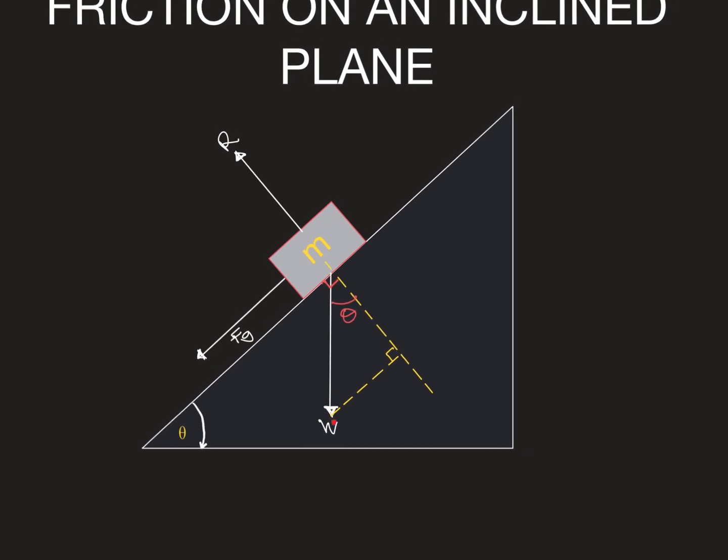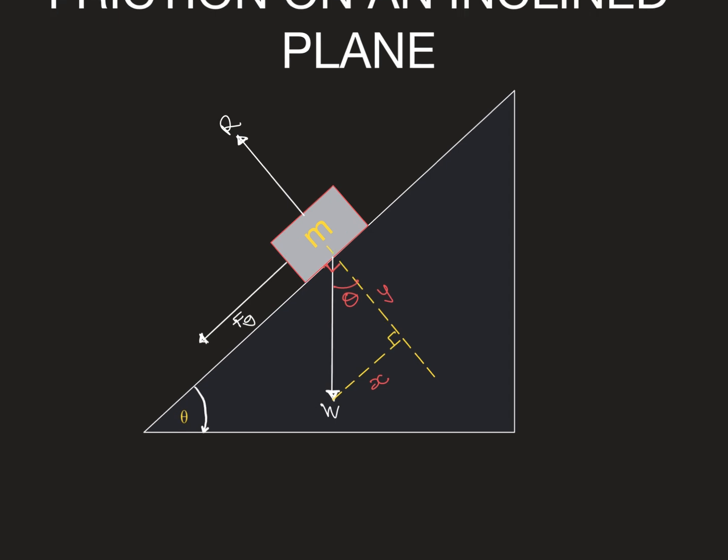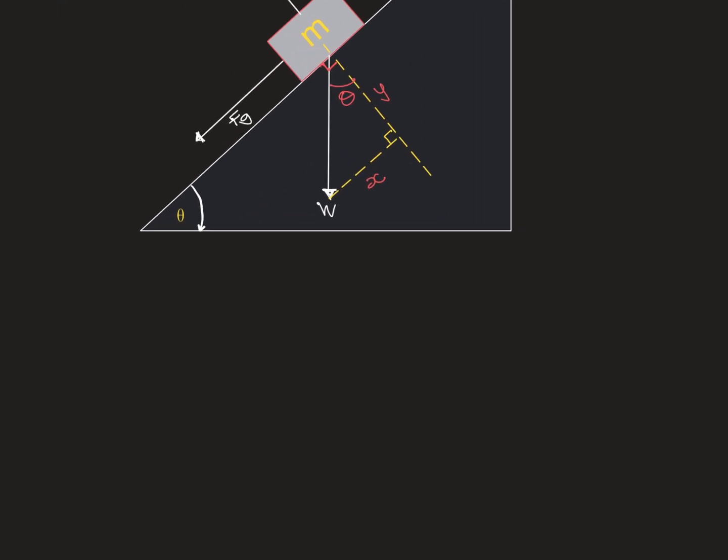Now, since we want to resolve this component of the weight into forces that are parallel to the inclined plane and that are perpendicular to the inclined plane, we can call this X and we call this Y. So if we try to extract that triangle out, this is how it is going to look like.